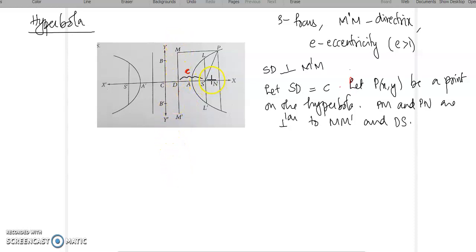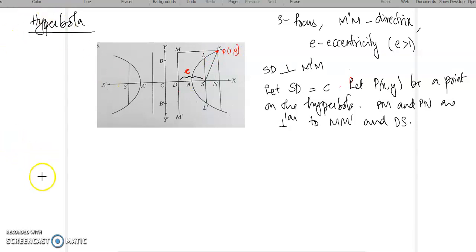Now let us derive the equation of the hyperbola with respect to the focus S. Okay, so let me take this distance SD to be C. Okay, and I have taken P to be a point on the hyperbola. So this is the point P of X, Y.